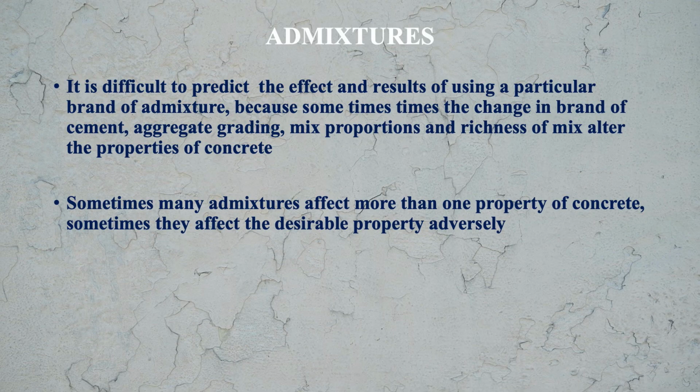So the effect of a particular brand of admixture will depend upon the cement being used, aggregate being used, grading of aggregate, the mix proportions of the concrete and the richness of the mix. Sometimes many admixtures affect more than one property of concrete, and sometimes they affect the desirable property adversely also. This has to be kept in mind, what effect admixtures are going to show on the concrete.